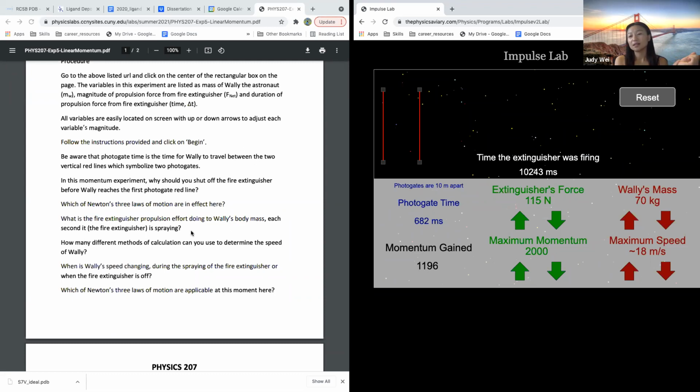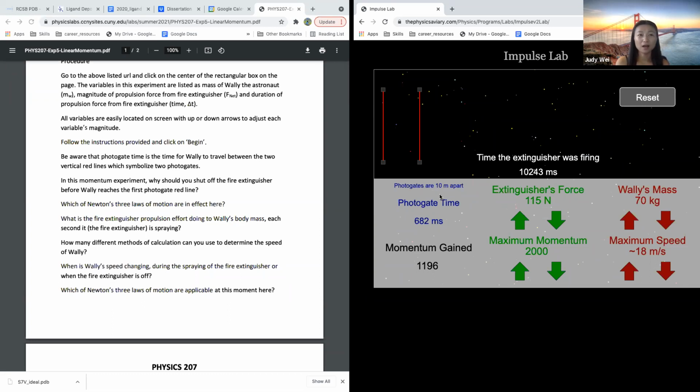What they ask is, what is the fire extinguisher's propulsion effort doing? We can consider the force like an external force that works on Wally's body and gives Wally acceleration to move.